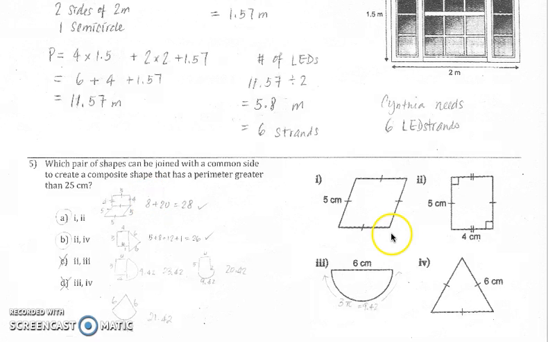If you try to combine these shapes in the way they're ordered, so combine shapes 1 and 2 together, 2 and 4 together, 2 and 3, 3 and 4, and so on, you will actually notice it is possible to come up with a perimeter greater than 25 centimeters in both scenario A and B. So you can select both as the correct answer.